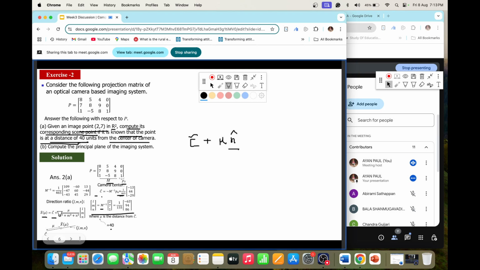Okay, by the determinant of it, that is why root over l square plus m square plus n square. So by this we can get the scene point from the image point. What this equation actually signifies is that in the previous week we discussed the homogeneous matrix.